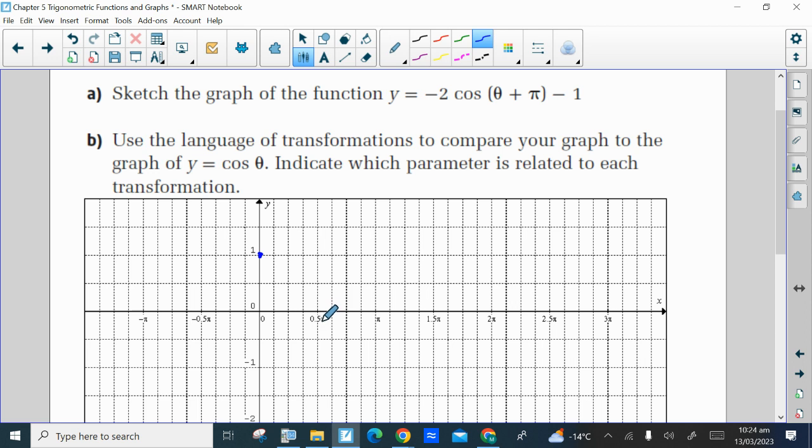It's the same thing, right? Half of pi. But our critical points are every pi over 2. So after the maximum, we'll be at the middle, and then the minimum, middle, and then finish off our first cycle at the maximum. So this is our graph of our base function y equals cosine of theta, or cosine of x.